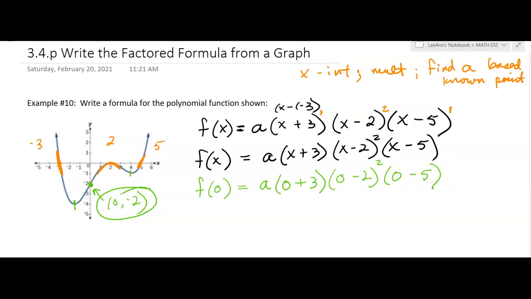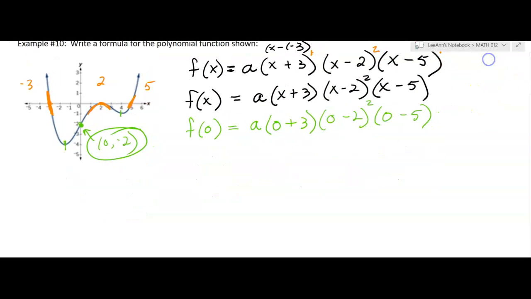All right, that we can do some calculating with. Scroll it up a little bit. Okay, so we get a times 3 times 4, because if you take -2 and square it, times -5. That says, now, f of 0, we know what f of 0 is. That's the -2.